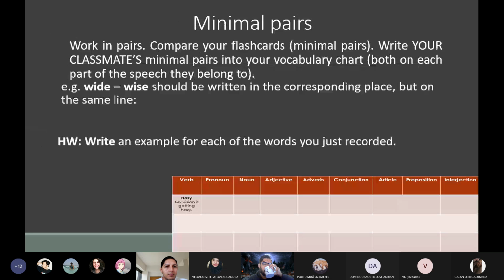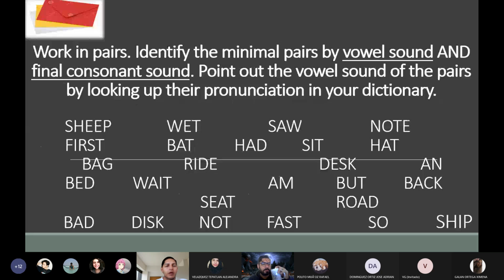Now, we cannot work in pairs, but let's work individually. Identify as many minimal pairs as you can by focusing on vowel sound and final consonant sound only. So these are keys for you, okay? These are clues. By vowel sound or final consonant sound.